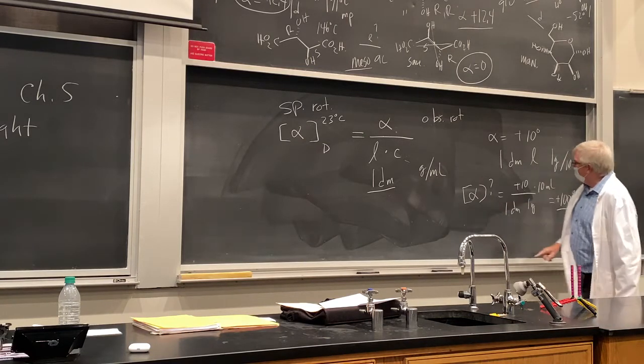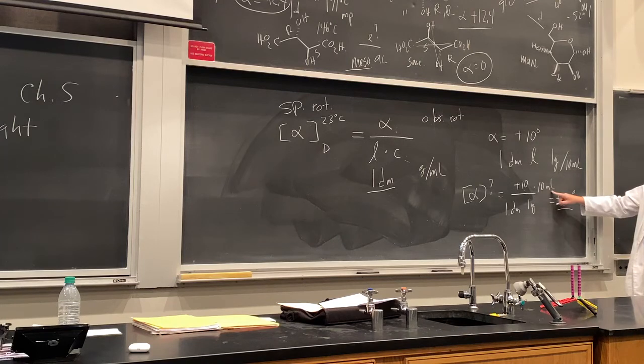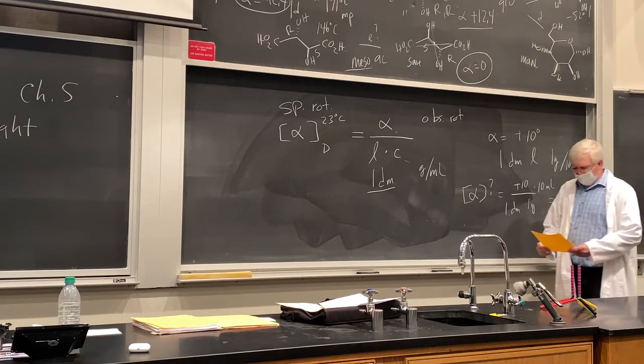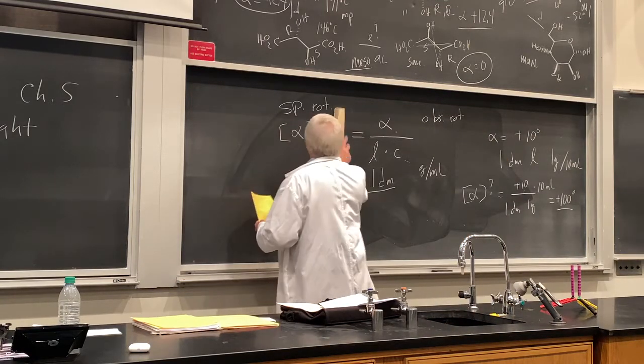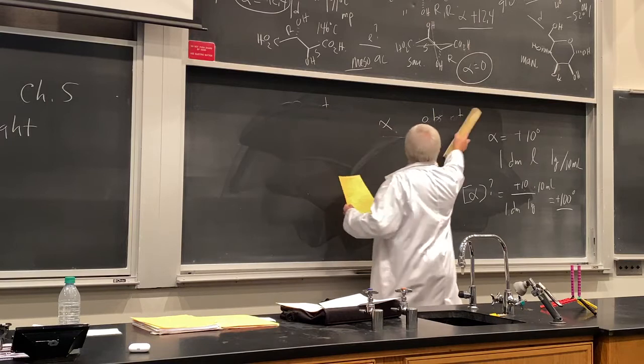So yeah, that would have been 0.1 in a milliliter, 1 gram in 10 milliliters. Yeah, so 10 times 10, 100 there for that one. So you see it's a little less concentrated, which means what? It's a higher rotation.